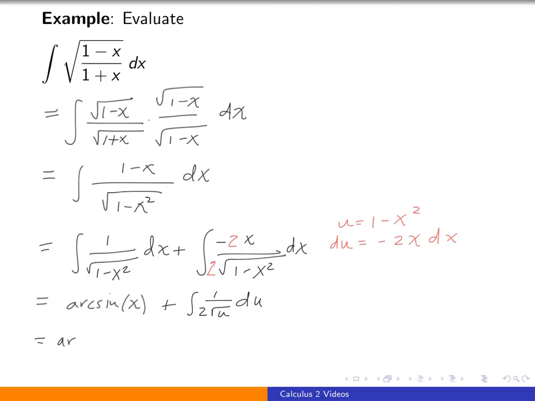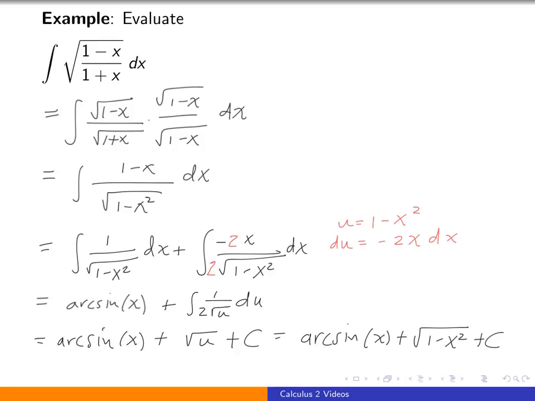And once we've multiplied by that 2 over 2, it works out very well because the antiderivative of 1 over 2 square root u is the square root of u. And if we resubstitute back in, we're left with arcsine of x plus the square root of 1 minus x squared plus c.